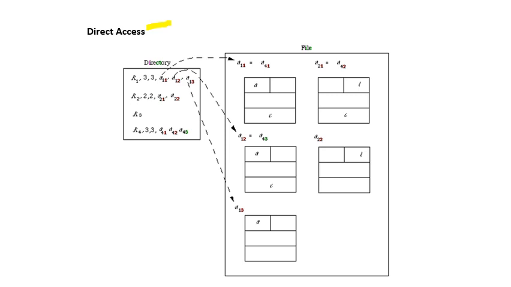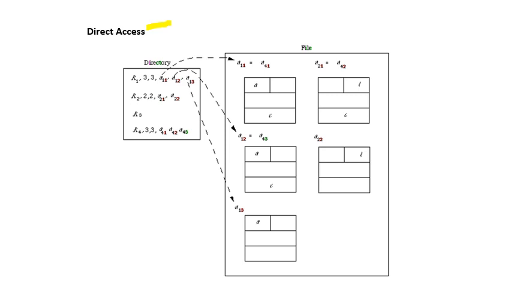The block number provided by the user to the operating system is normally a relative block number. The first relative block of the file is 0, then 1, and so on, like 0, 1, 2, 3, 4.